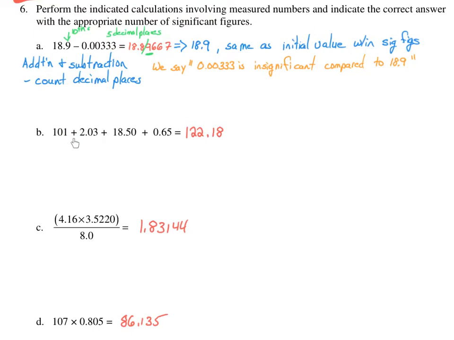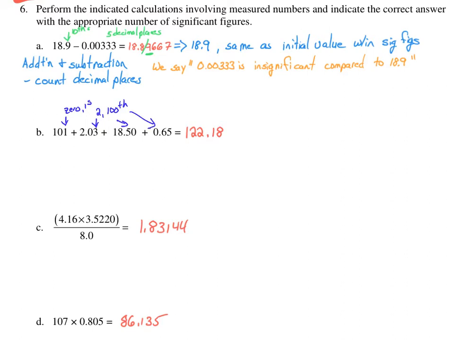Our second problem is also an addition problem, so we use the rule where we count the decimal places. We're paying attention to the decimal places of these numbers that we're adding together. This has 0 decimal places, which means it's rounded to the ones. This has 2, it's rounded to the hundredths, as well as the third and the fourth number.